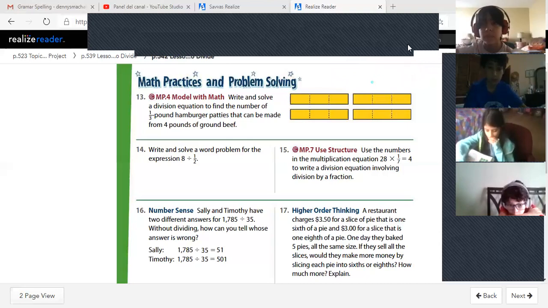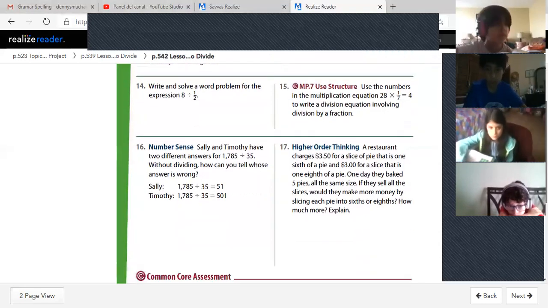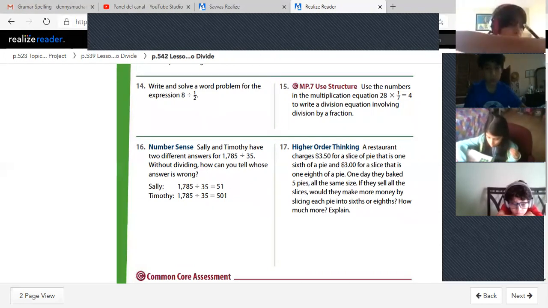Number 14. I finished. Which is the answer? Yes, it is 16. That's the answer. Yes, of course. So finish this page. Finish this page, please. Everyone working on this page, finish them.